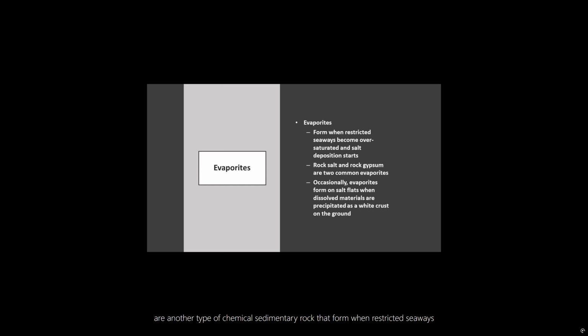Evaporites are another type of chemical sedimentary rock that form when restricted seaways become oversaturated and salt deposition begins. Rock salt and rock gypsum are two common evaporites. Occasionally, evaporites form on continental salt flats when dissolved materials are precipitated as a white crust on the ground.